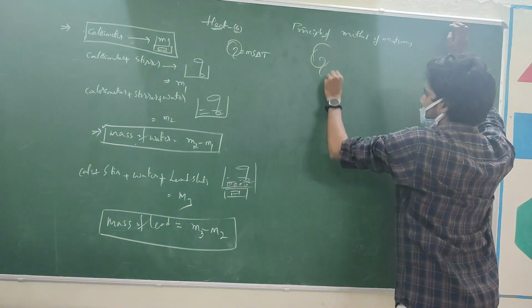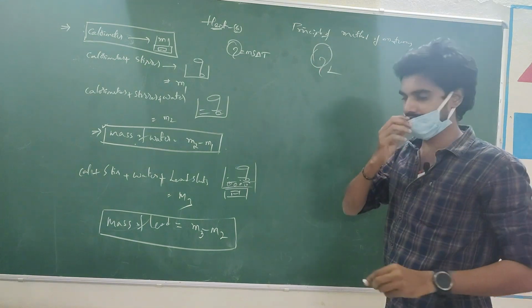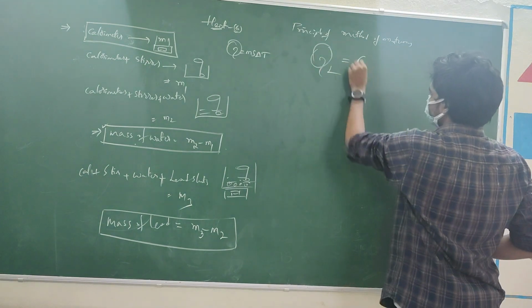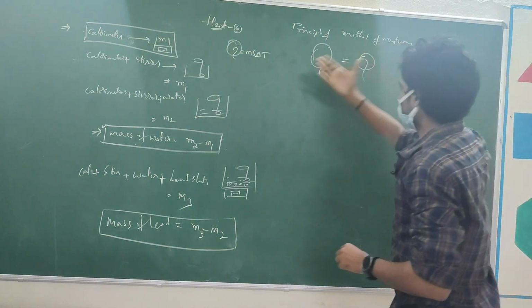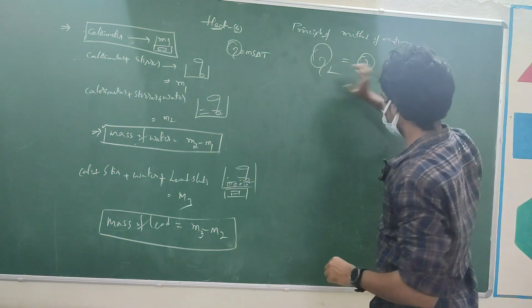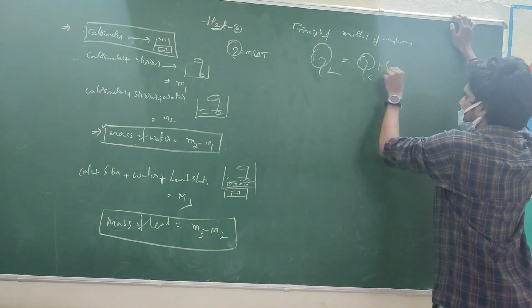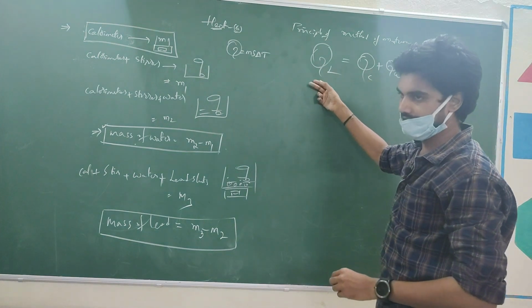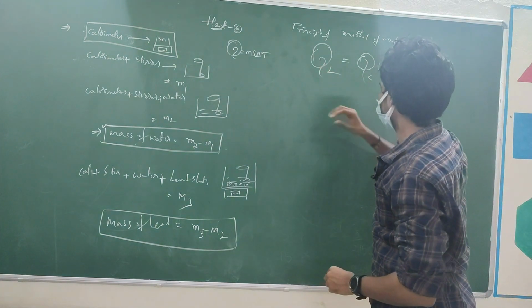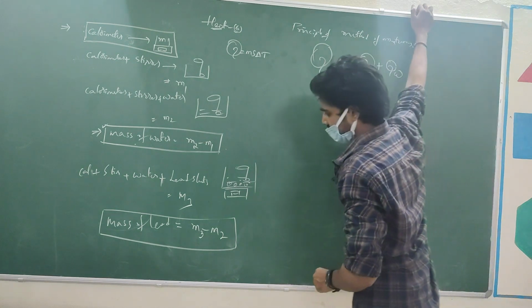Here the hot body is the lead shots, it just lost its heat energy, and that heat energy is being gained by the cold body. The principle of the method of mixtures says the net heat lost by the hot body is equal to the net heat gained by the cold body, that is the heat energy gained by the calorimeter along with the water, right. These two gain the heat that is released by the lead shots, right. So we are going to add them all and we'll get the final value.